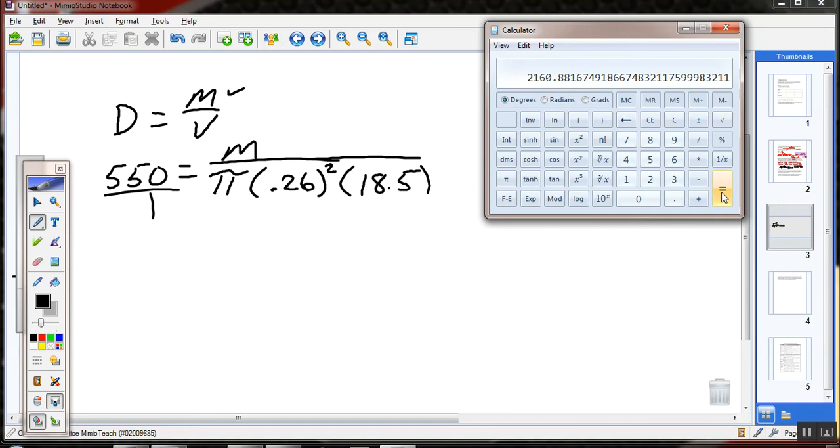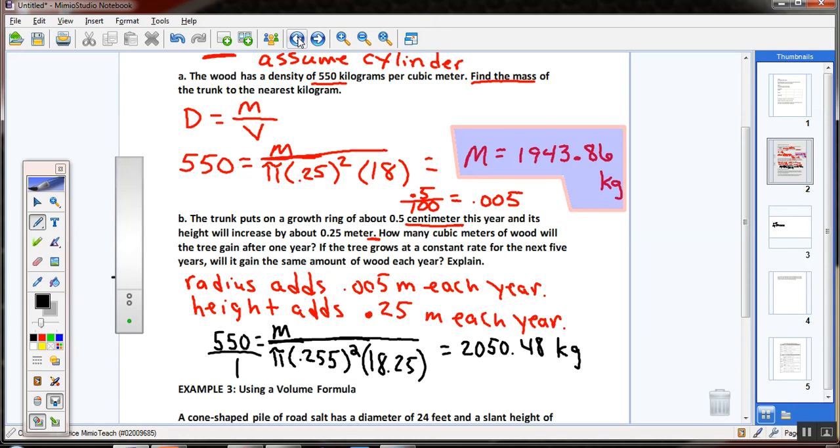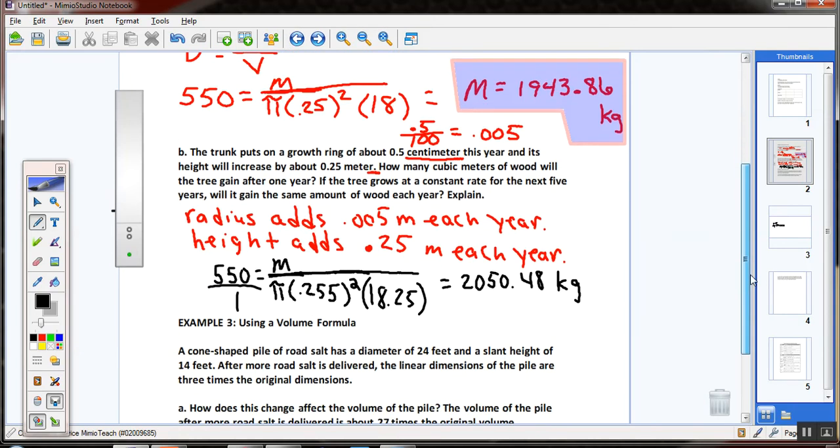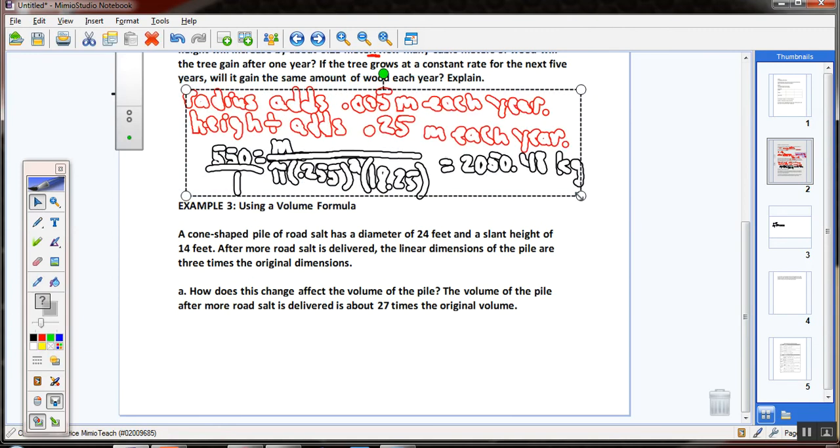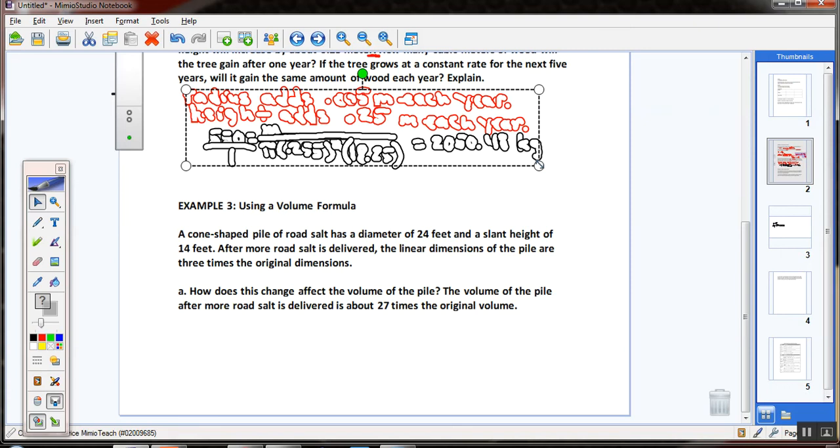2,160. What did we have in the previous year? 2,050.48. Okay, so if I do a second year here, we end up with, and I'm just going to jot this down over here, make some room quickly. Okay.